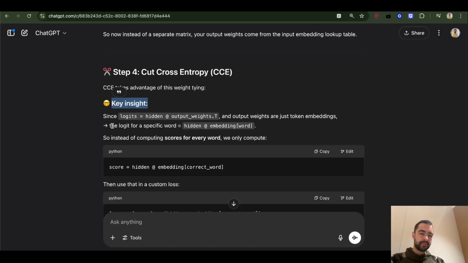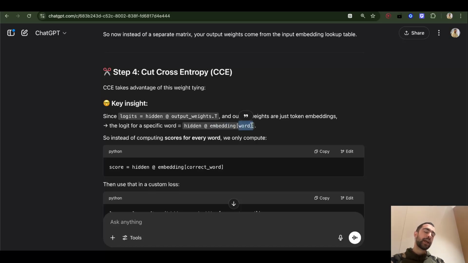Key insight: since we had this formula, logit is equal to the hidden matrix multiplied with the output weights transposed, and the output weights are just token embeddings, the logit for a specific word is the hidden vector multiplied with the embedding of that word.